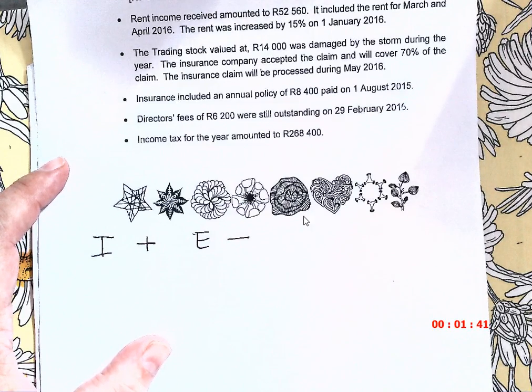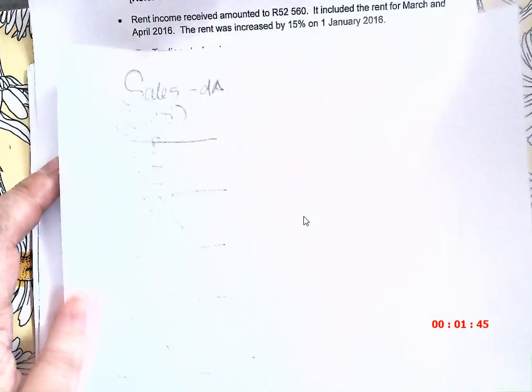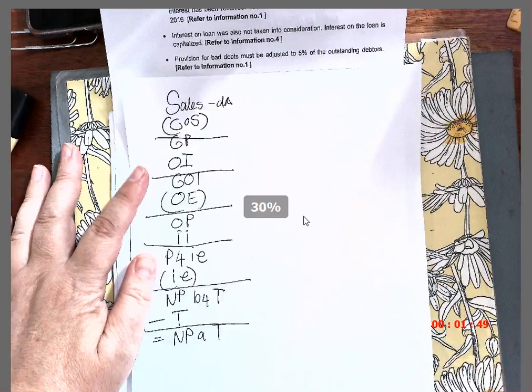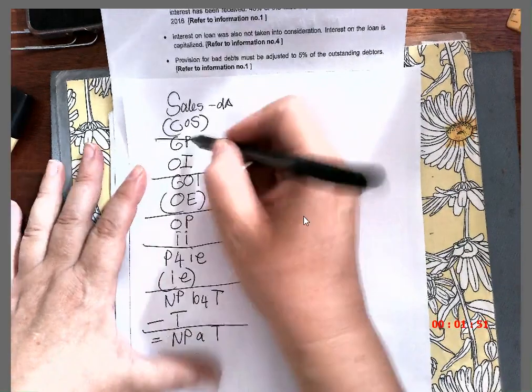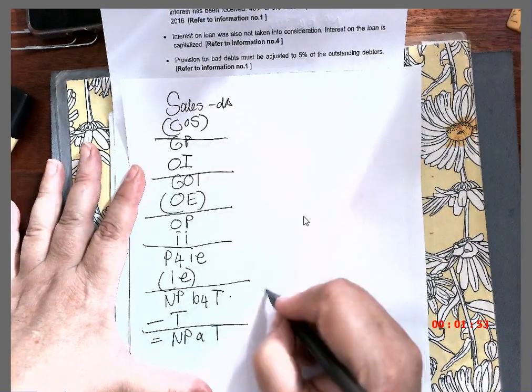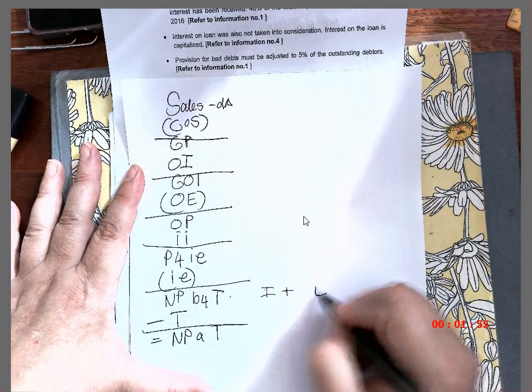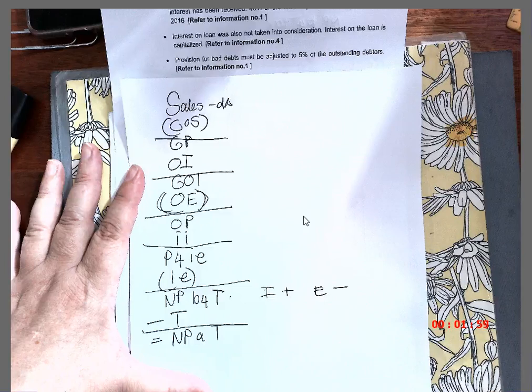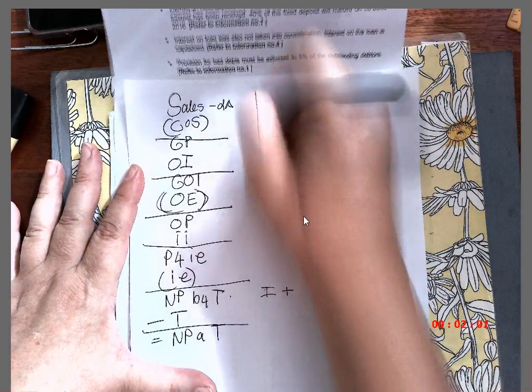You see? Now I want you to remember this formula. Remember, I showed you this. So now we know. It's very easy. If it's an income, it will make the profit more. If it's an expense, it will make the profit less. But now, let's quickly go look.